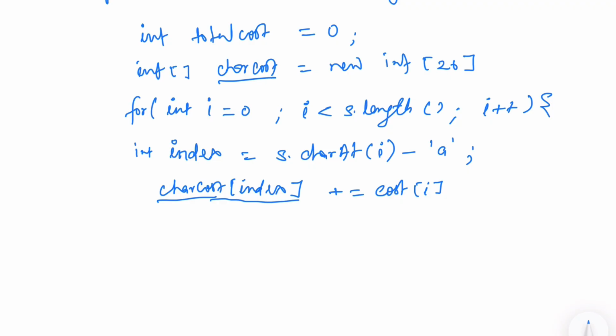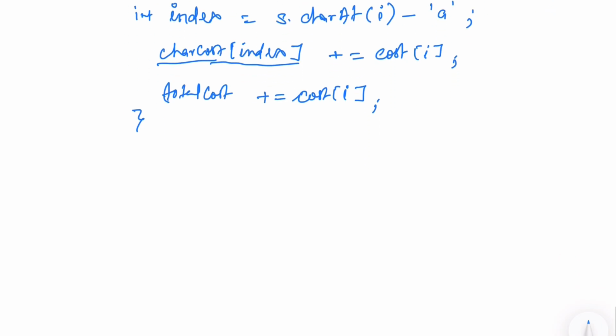So the cost that we have given in the cost array, the corresponding cost array elements we will store here, meaning we'll get the cost of that character. After this we'll find the total cost. How? Just do plus equal to, you can also add the cost at i here. So you got this cost at i here and here, both have been updated, meaning the cost at that index and the total cost have been updated. So you have everything now in this loop.